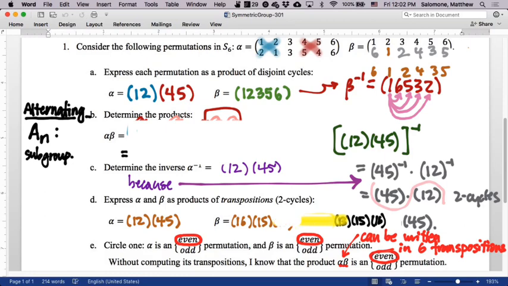Those are going to cancel. And so on and so on. The 1, 5s cancel, and so do the 1, 6s. That's driven by associativity, right? The fact that we can group those two middle terms together. Yep, that is driven by associativity. So beta times beta inverse is going to give me the identity. Yep, so that's another reason why we only need the same number of transpositions to write the inverse of a permutation as we needed to write the original permutation.